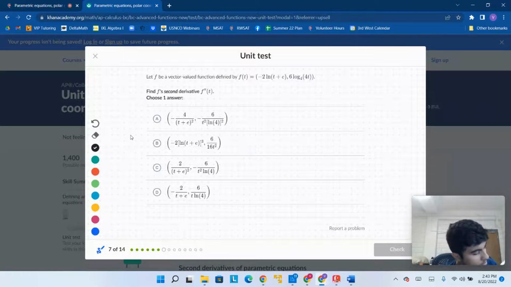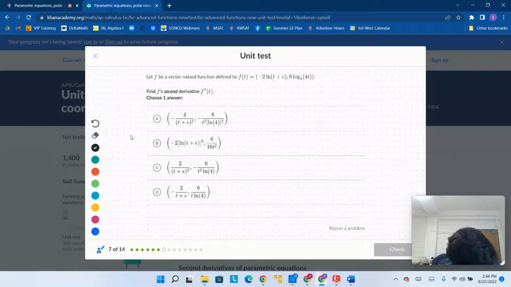Well, it's going to be 4t times ln 4, but then you have to multiply by 4 in the numerator to get rid of it for the chain rule. So you end up with 6 over t times ln 4.